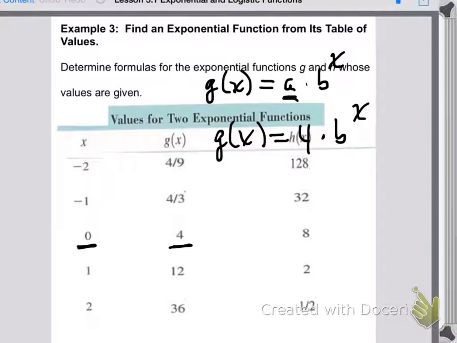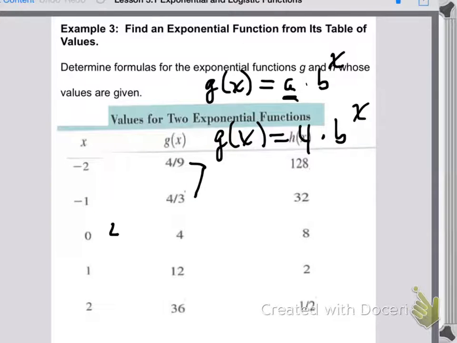Okay, now I need to find what b is. And so what I'm looking for is either my growth factor or my decay factor. Alright, and this is going to be constant for these exponential functions. So what I'm going to do essentially is set up just a mini equation and solve for x to find what my growth factor is. So to go from 4/9 to 4/3, what do I have to multiply by?